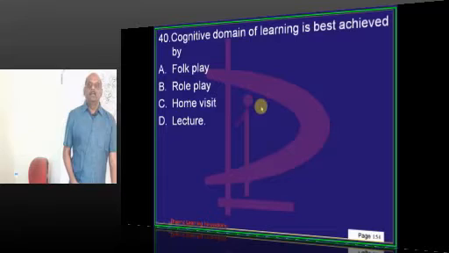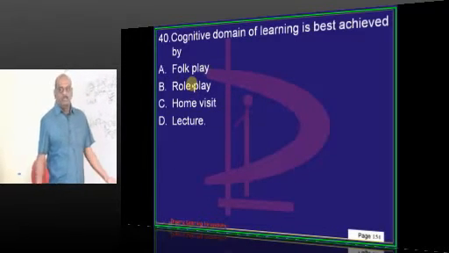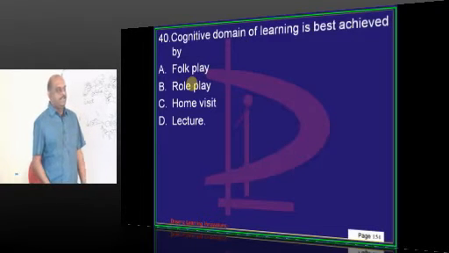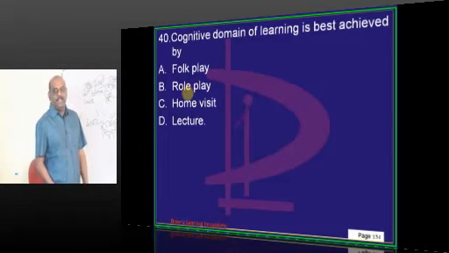Cognitive domain of learning, how can you basically achieve? Weekend crash courses are an example. Are they really improving our cognitive ability? They are only increasing our buttifying ability, right? So, entrance has nothing to do with cognition. It is only related to what?